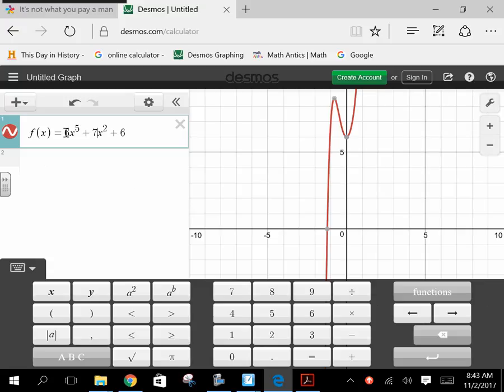Let me make the 6 a negative. How about this? So watch this. I'm going to make it a negative 6. Look at the behavior change. Something took place there. Let me erase the negative. You see what's going on. So once I start tinkering with coefficients and exponents, things change. The behavior changes.